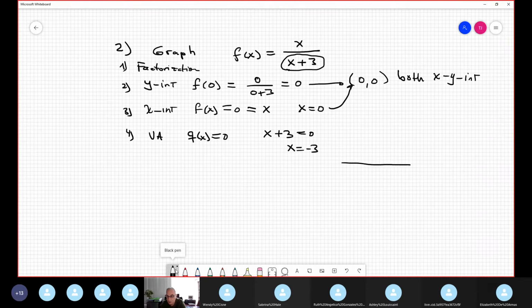Now I am doing my rough sketch. This is the x-axis. I plot the point 0, and at minus 3 we have a vertical asymptote.